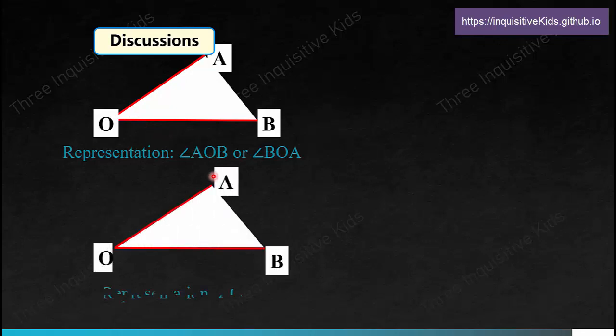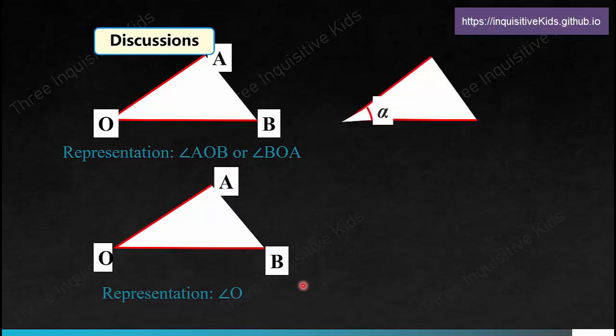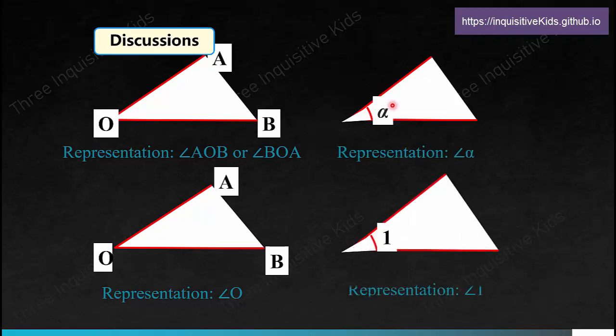Now, this representation could also be angle O because there's only one angle emerging from it. Now we could call this angle alpha. This letter is the alpha of the Greek, the first letter of the Greek alphabet, and the representation could be angle alpha, and this could be represented as angle 1.